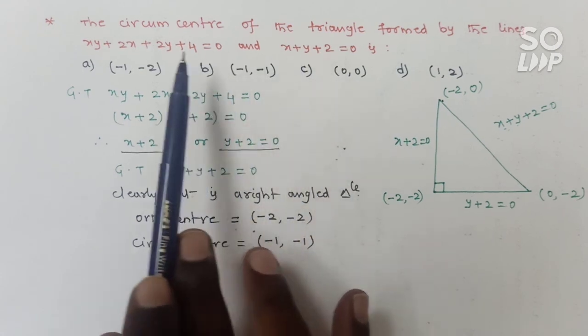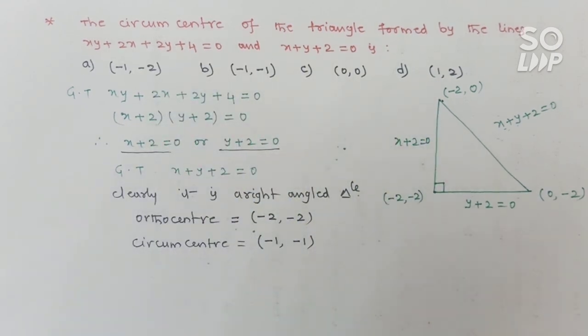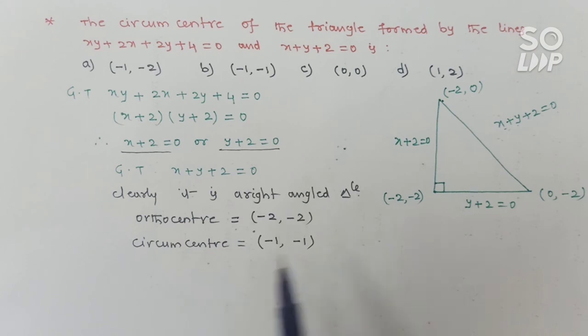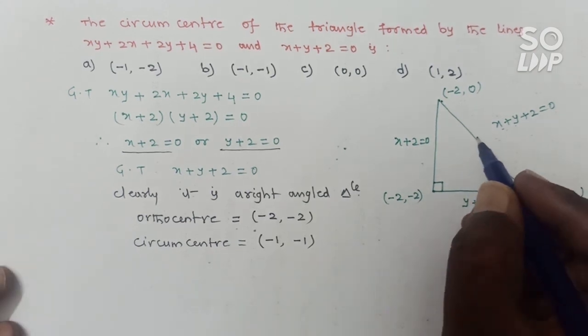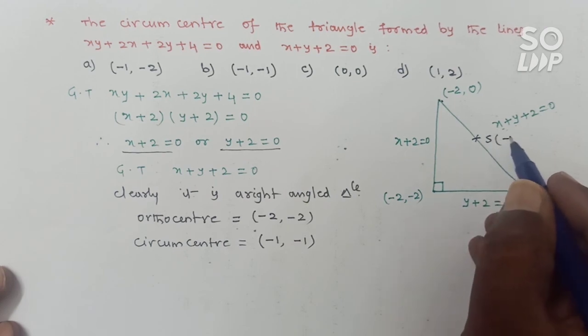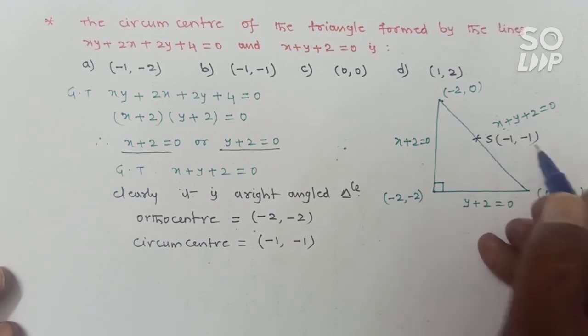Totally these will form a right angle triangle. In a right angle triangle, everybody knows the orthocenter is the right angled vertex, and the circumcenter will be the midpoint of the hypotenuse, so this one is minus 1 comma minus 1.